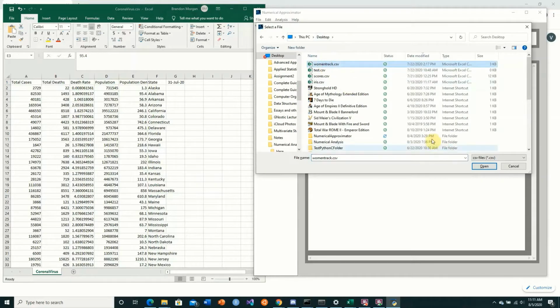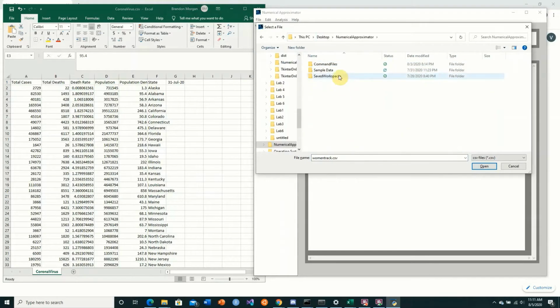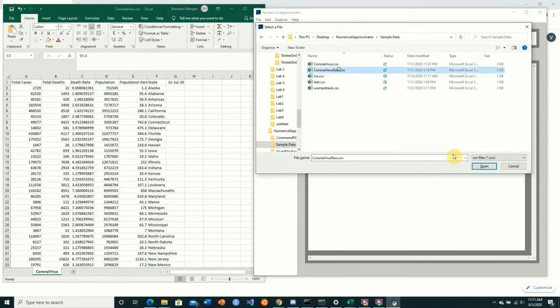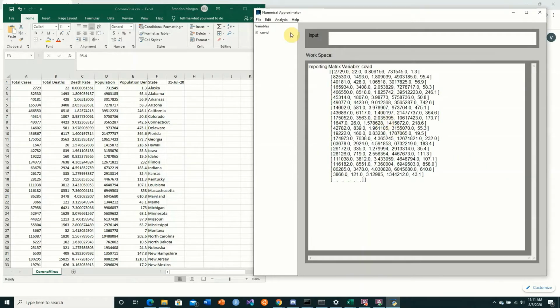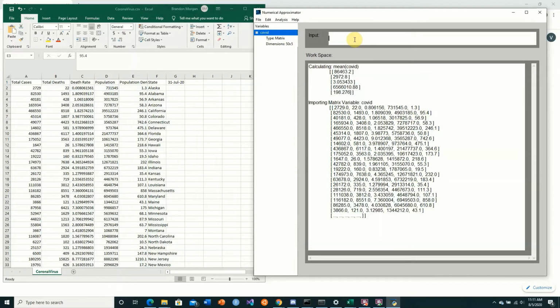Into our software. All right. So we have a 50 by 5 matrix. I'm going to take the mean. And so here we actually have the average total number of cases is 86,000.